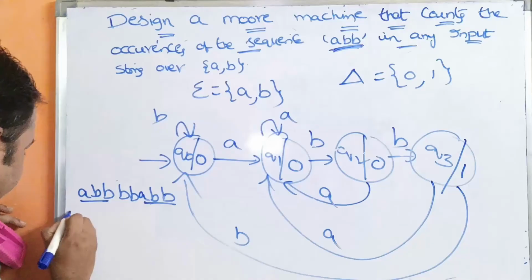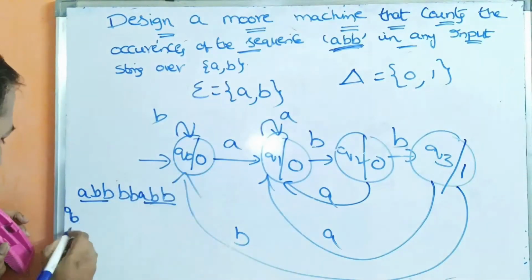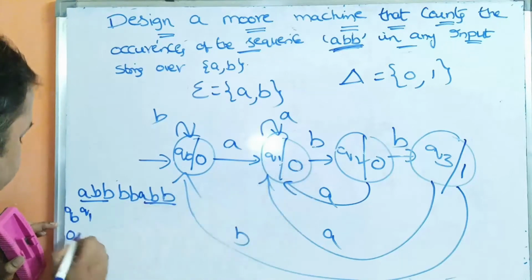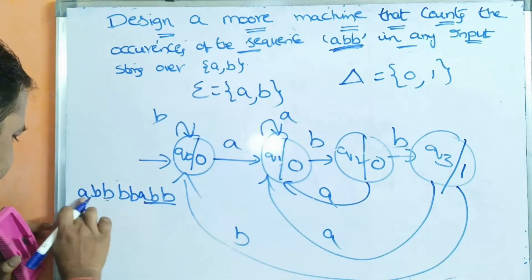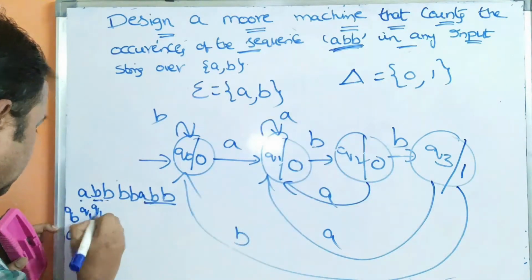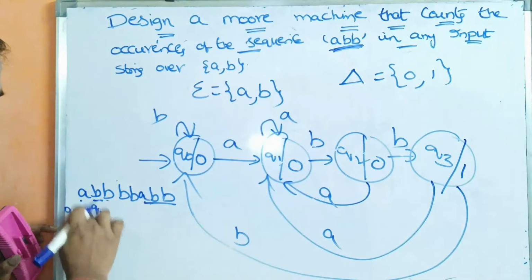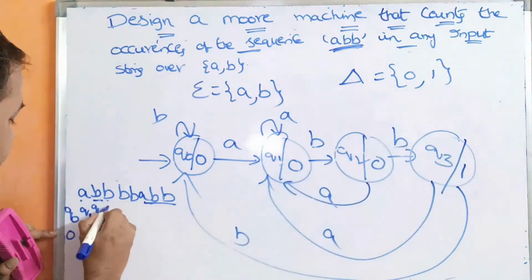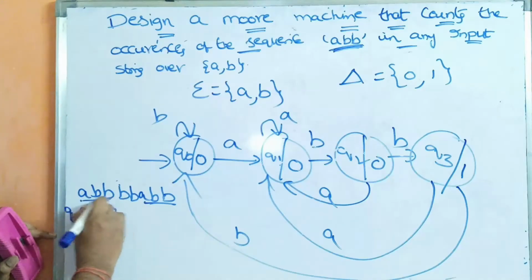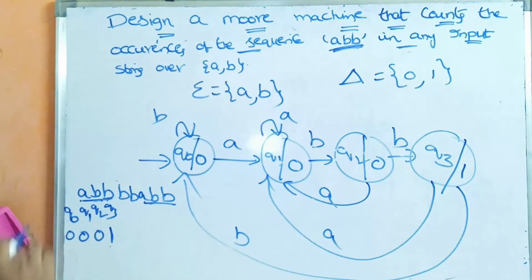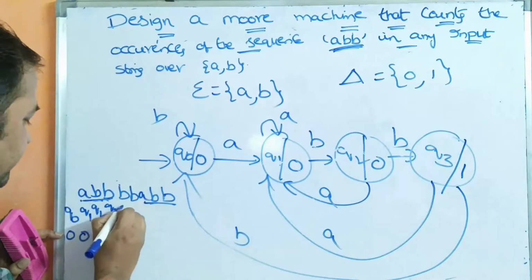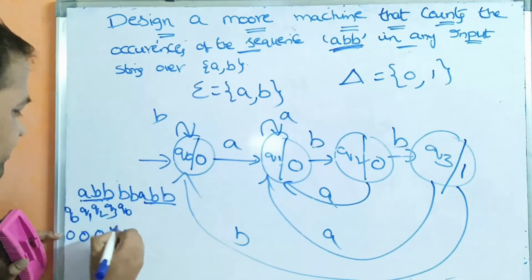Now let's check whether it is correct or not. Output of Q0 is 0. Q0 on A means Q1. Q1 output is 0. Next, Q1 on B means Q2. Q2 output is 0. Q2 on B means Q3. Q3 output is 1. So here we have the sequence ABB, that's why we got 1 as the output. Next, Q3 on B means we'll go to Q0. Q0 output is 0.